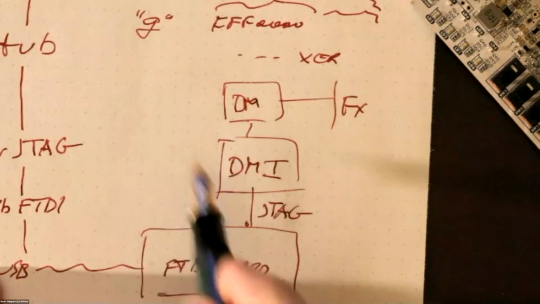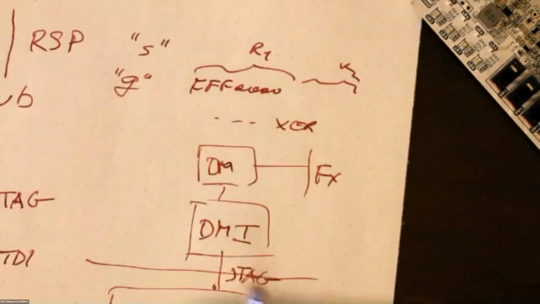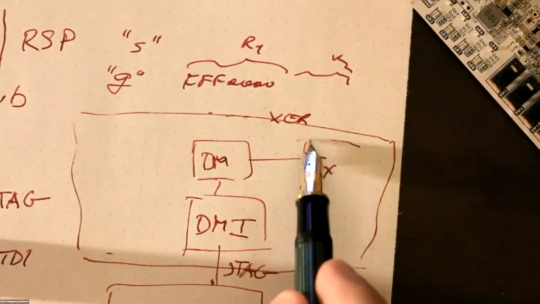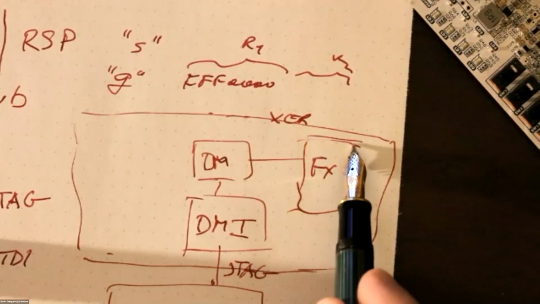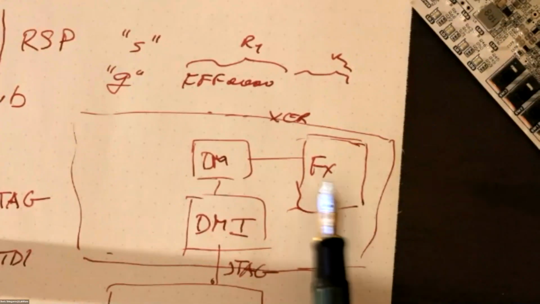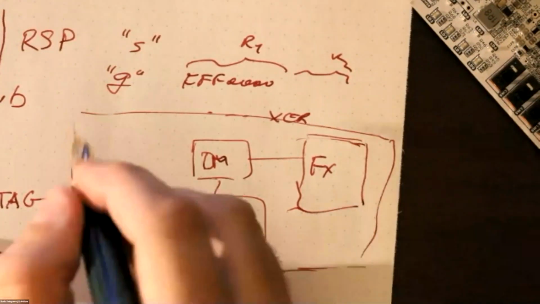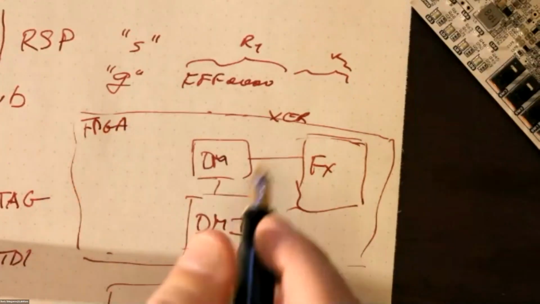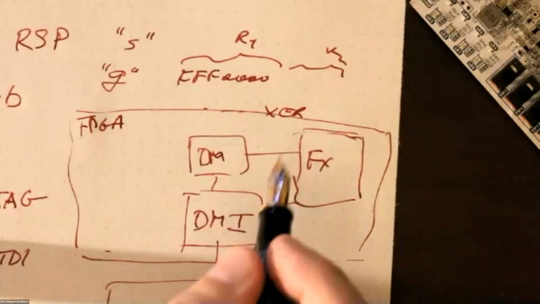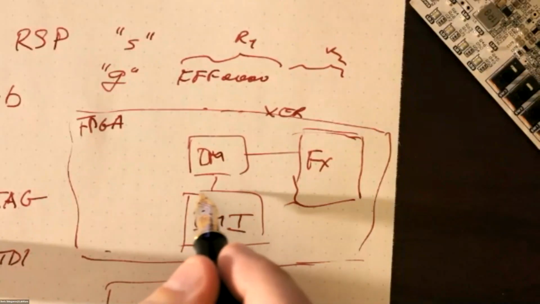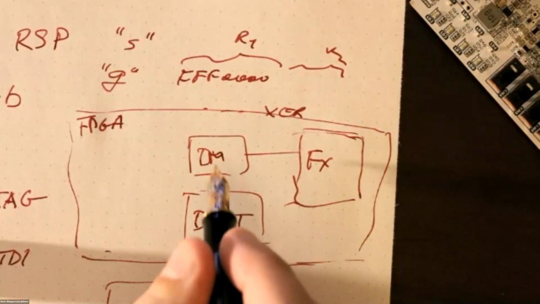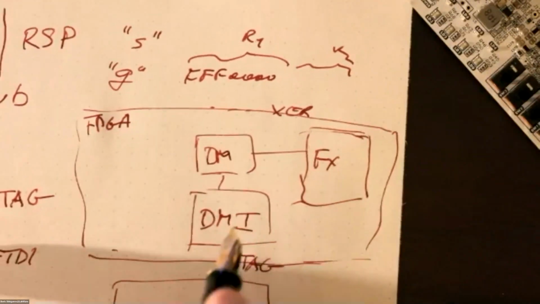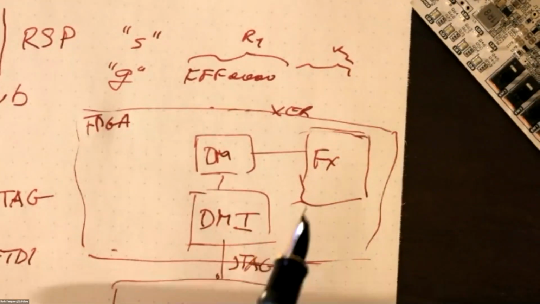So this is the FPGA boundaries here, and you're implementing Microwatt here. The VHDL code for this is inside the Microwatt repository.